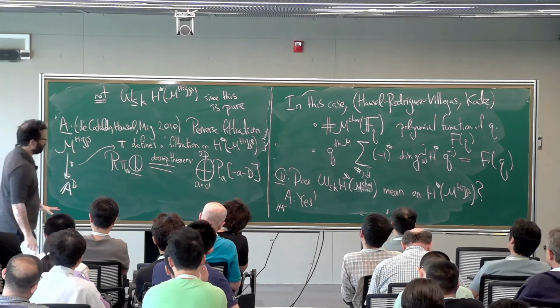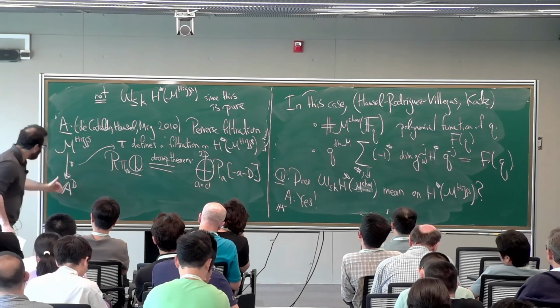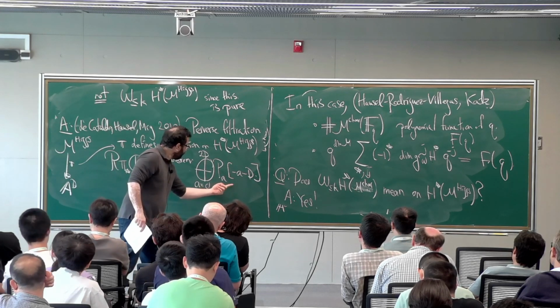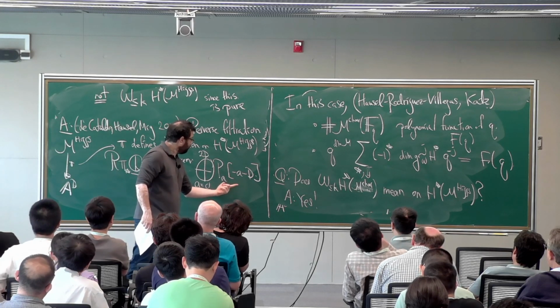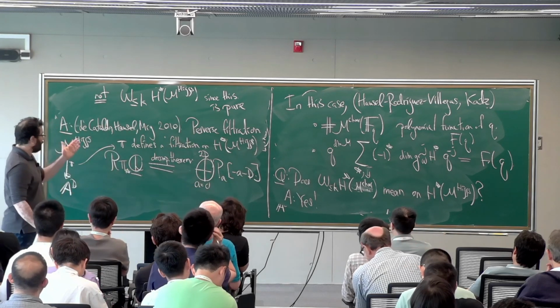So I won't define perverse sheaves, but the way I want you to think about this is that if this map were just a smooth map in addition to being projective, then each of these perverse sheaves would actually just be a shifted local system corresponding to the cohomology of degree A of the fibers.